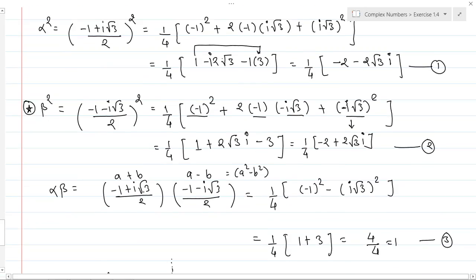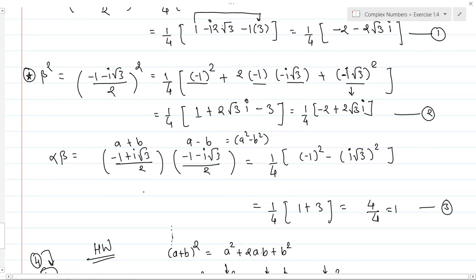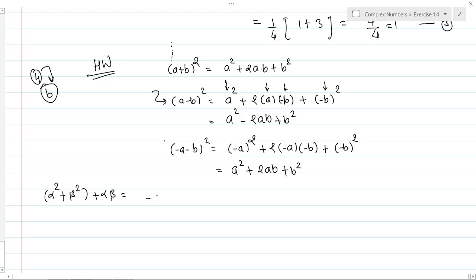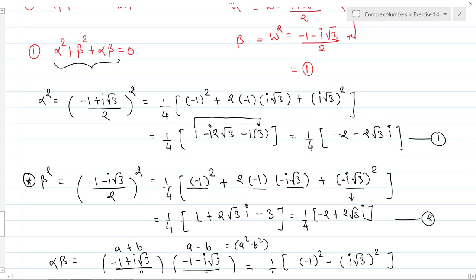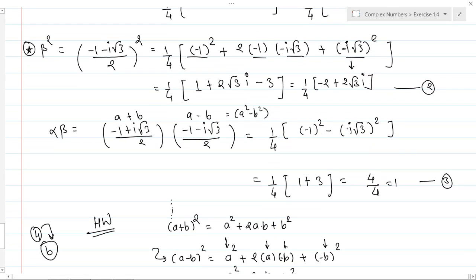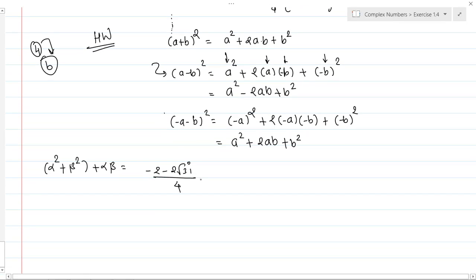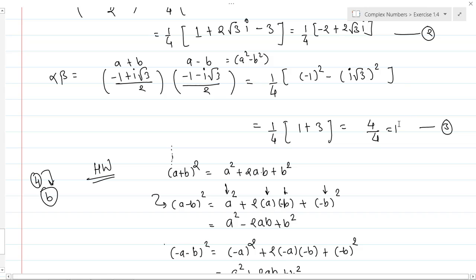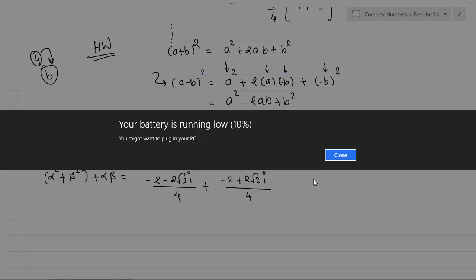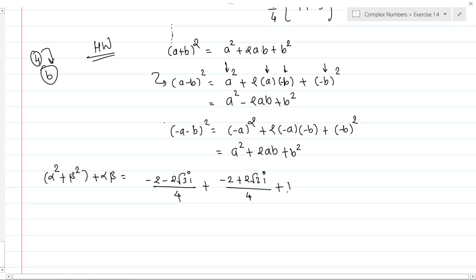Alpha square is nothing but minus 2 root 3i by 4, minus 2 root 3i by 4. This is alpha square. Beta square is minus 2 plus 2 root 3i by 4, plus minus 2 plus 2 root 3i by 4. Okay, and alpha into beta is a positive one. So let's write it down, that is nothing but plus 1.